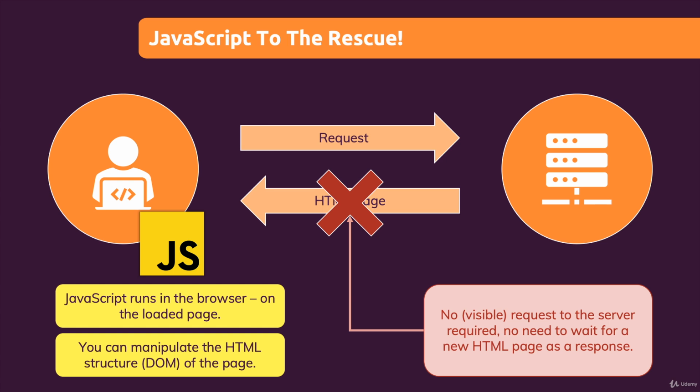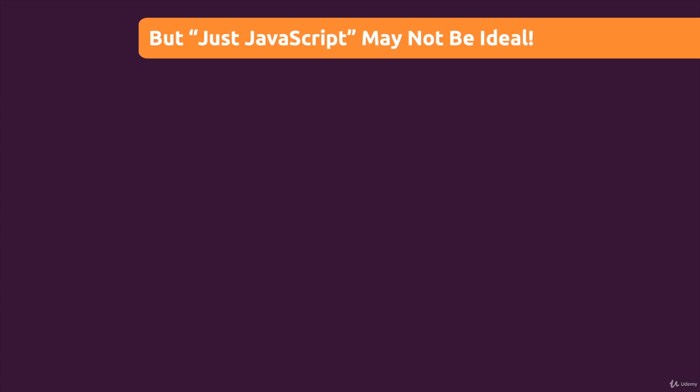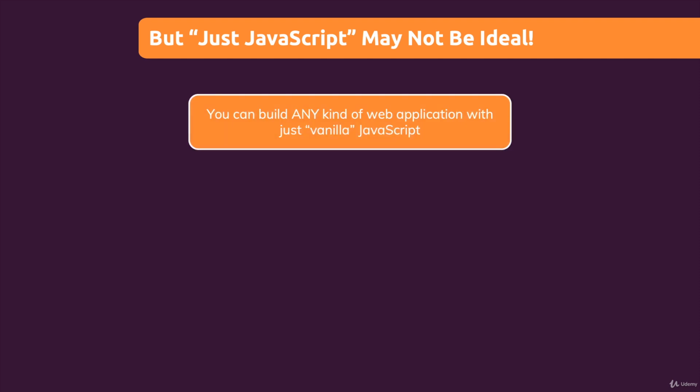And we're using solutions like Vue.js because just JavaScript may not be ideal. Theoretically, we can build any kind of web application with just vanilla JavaScript. So with just JavaScript without any extra frameworks or libraries.